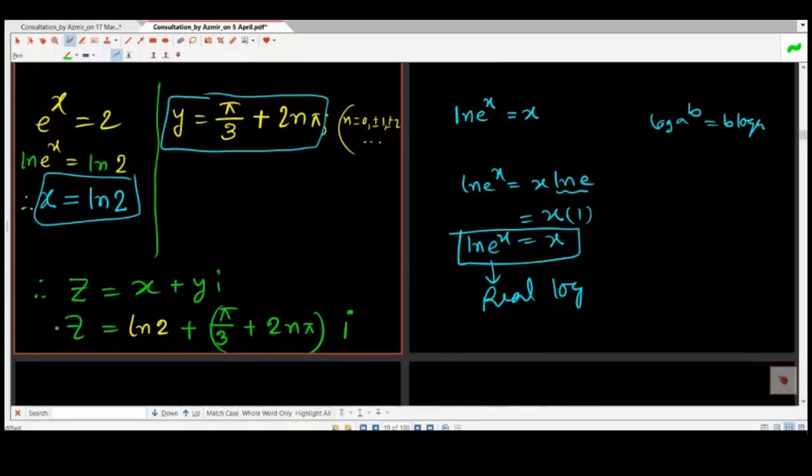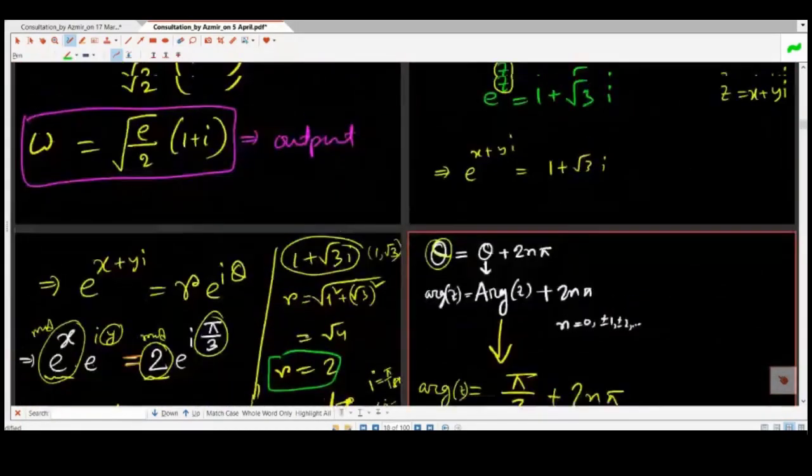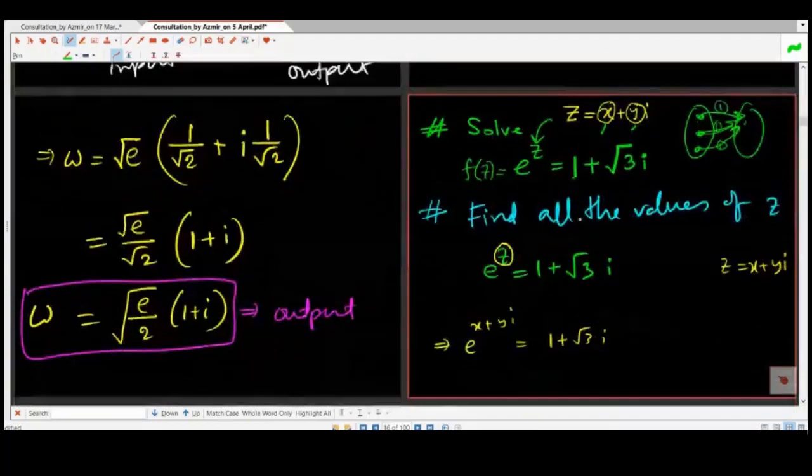So this is our z. We have many solutions of z where n is 0, plus minus 1, plus minus 2, and so on. This is our result. That means this is how we can solve these equations.